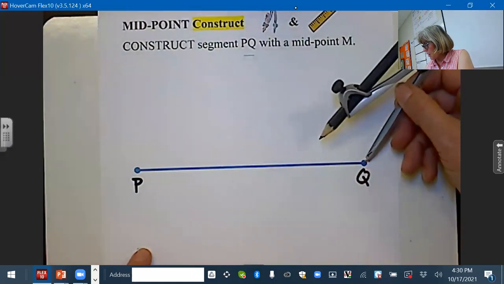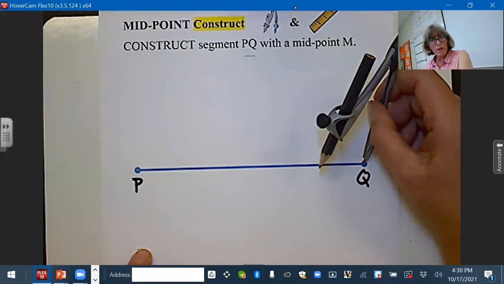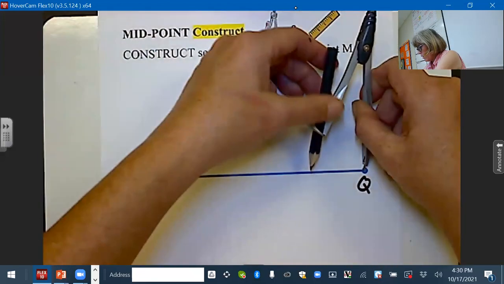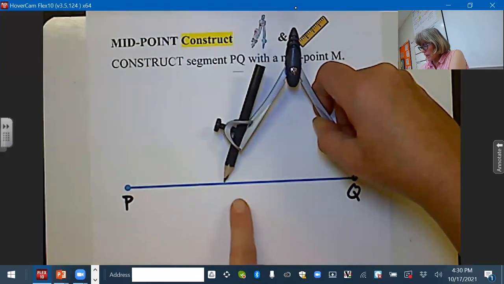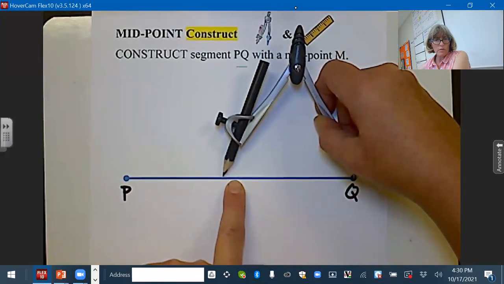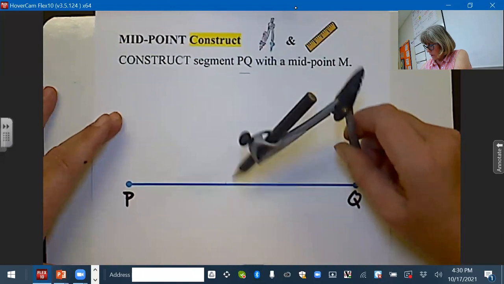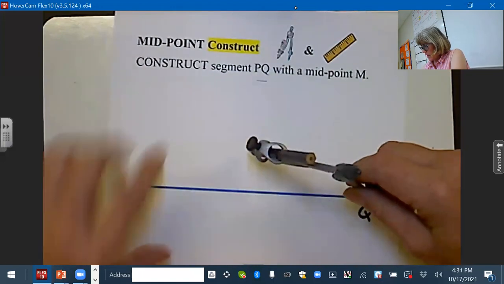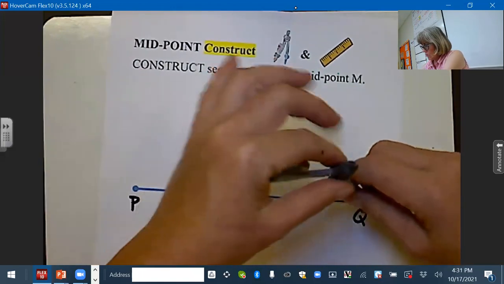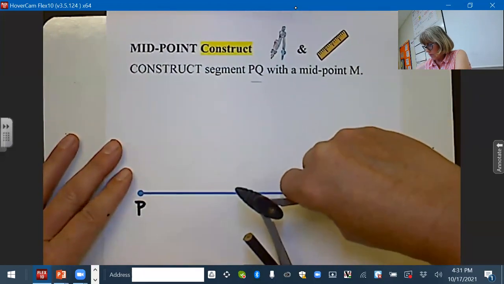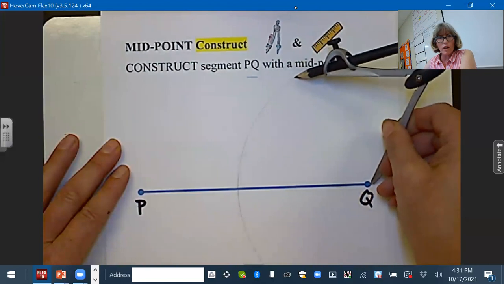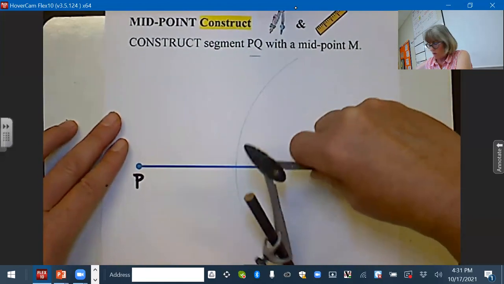You put the point on either P or Q, it doesn't matter. You open up the compass so it looks like it goes just past the middle. See, my finger's about where the middle would be. Now, you pick up the compass, and either from this point or from the top, it doesn't matter, it's a tilt, and give a large sweeping arc, a very light arc.